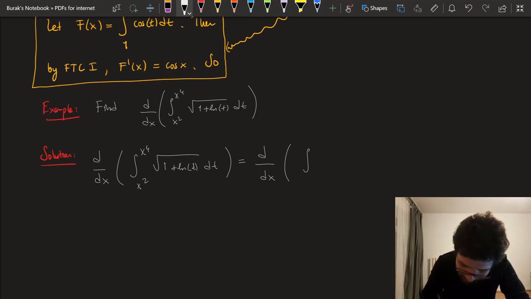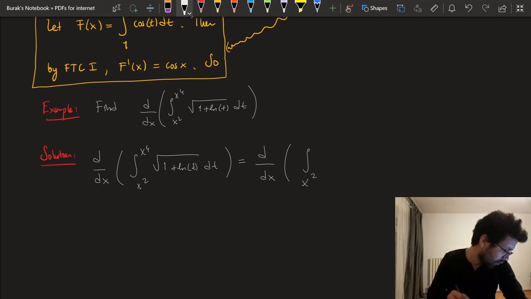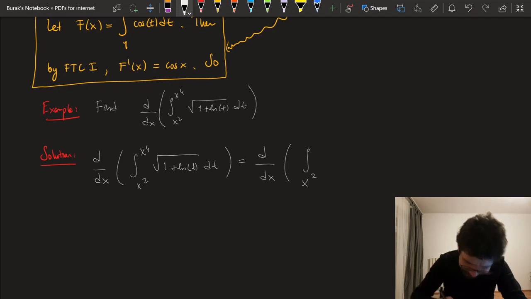I'm going to write it as the integral of this function from x squared to 1, and let's go to 2 so that everything stays defined. Wait, what? I want that. Nah.